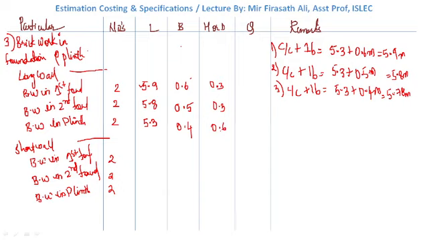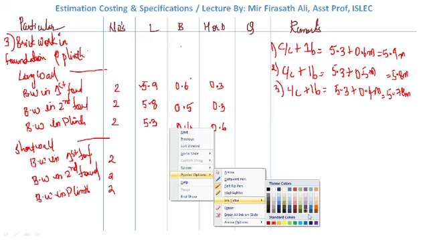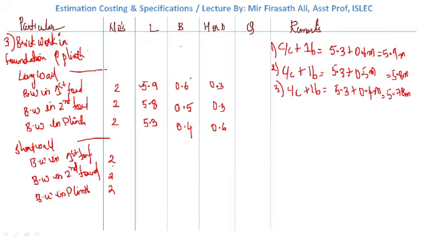Now, what we need to do? We need to multiply all these 4 quantities and write it over here. What are the results? 2 into 5.9 into 0.6 into 0.3 will be 2.13 meter cube.